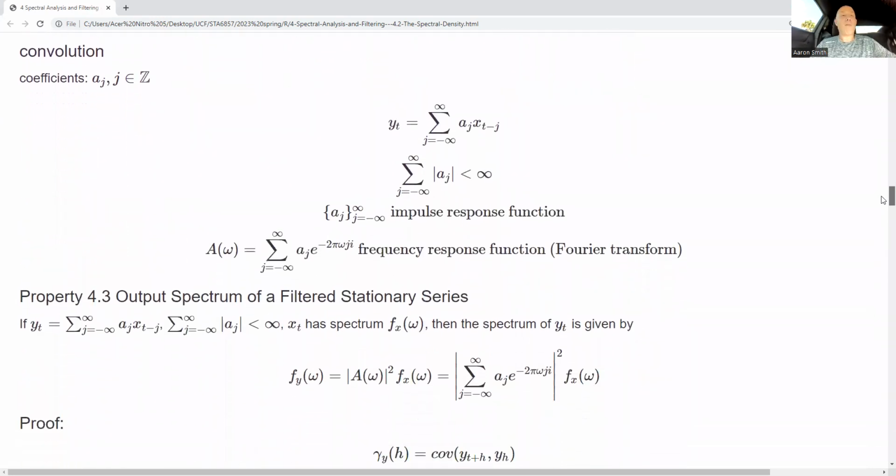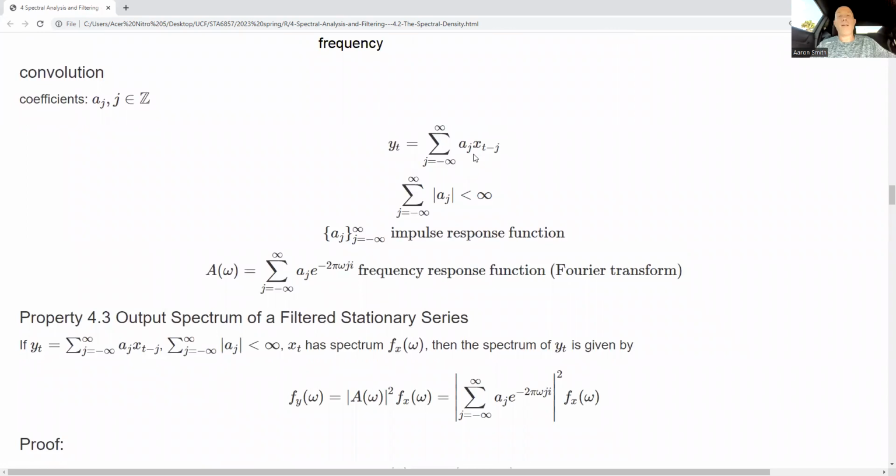Now let's think about a convolution. If I take a convolution where we take coefficients times points of our time series, and the coefficients are absolutely summable, then we're going to call the set of a's the impulse response function.